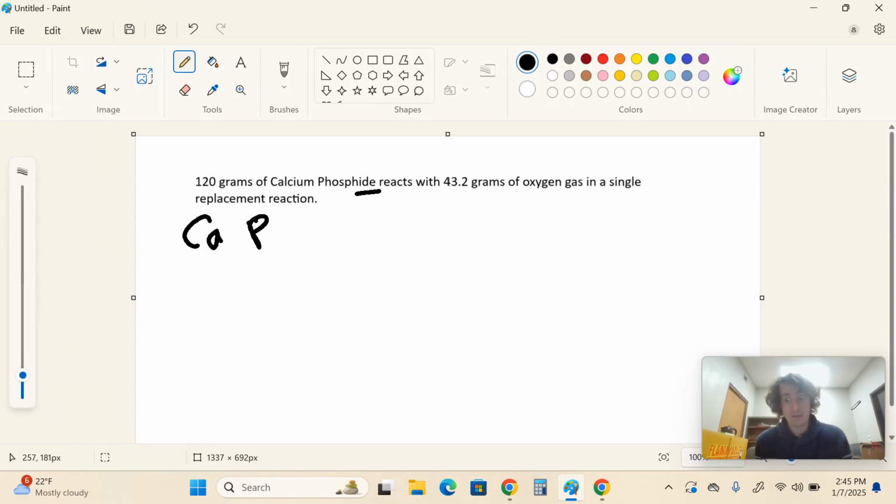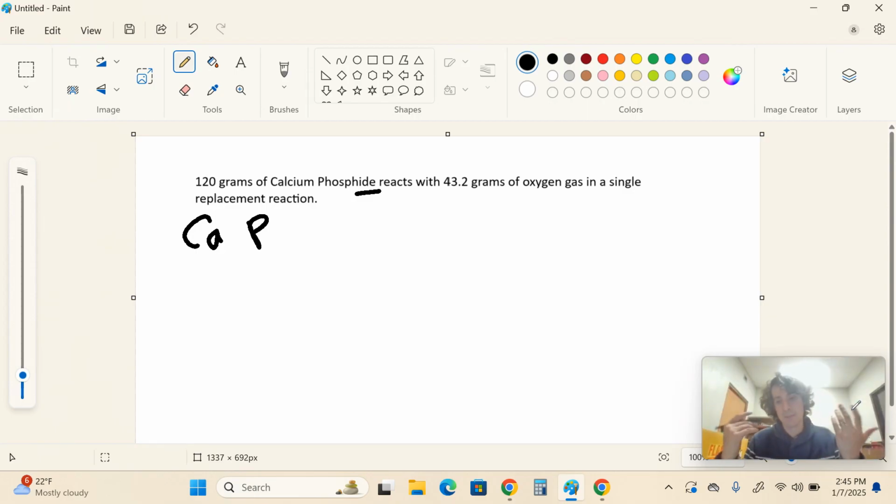So I'm like, okay, it's calcium and phosphorus, right? If you just wrote this, it would be wrong, because you need to know the charge of the calcium and the charge of phosphide. To do this, you could use a periodic table that has charges included. Depending on what class you're in, you might have an ion sheet as well.